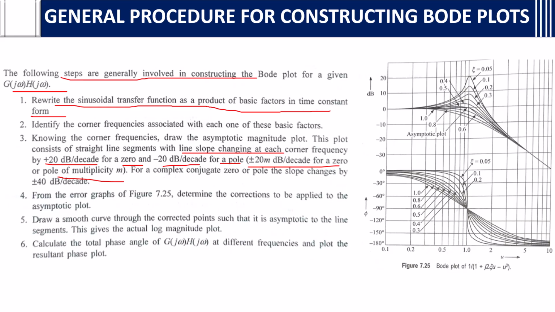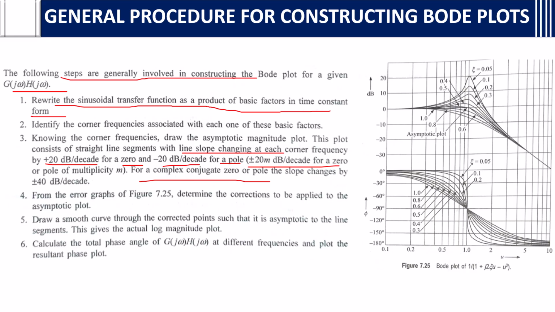M is some multiplicity value, like we have seen multiple poles at the origin. If it is a complex conjugate zero or pole, the slope changes by plus or minus 40 dB per decade.